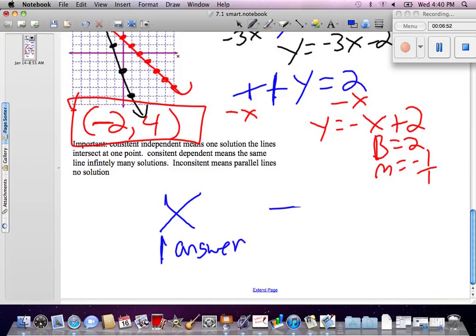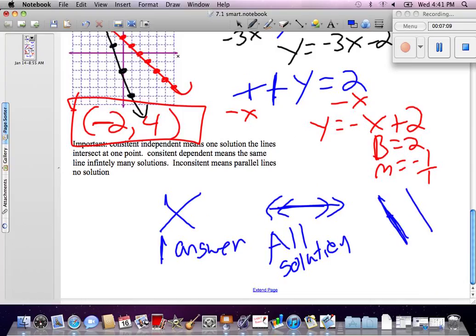We think of consistent dependent as two overlapping lines. I think of it as a genie. This has all solutions. Everything that you do, it works. And if we look at inconsistent, we've got two parallel lines, or I think of it as a touchdown, and this has no solution.